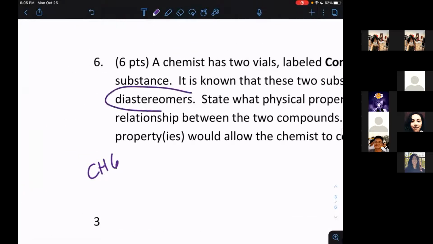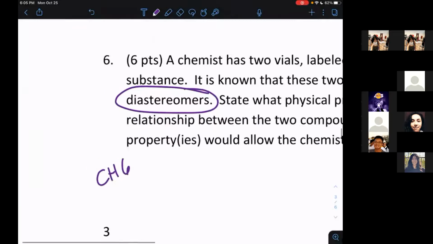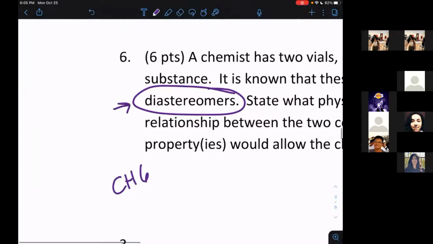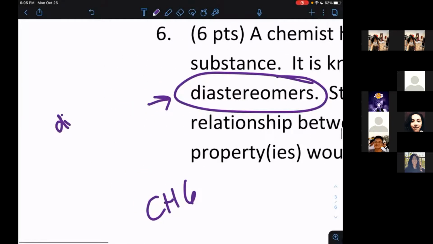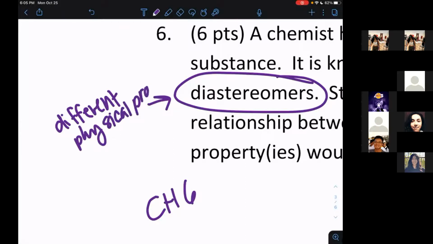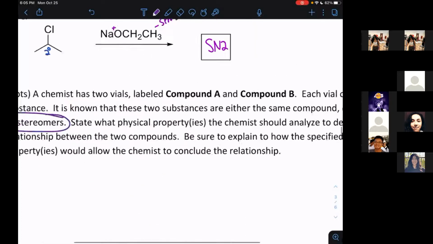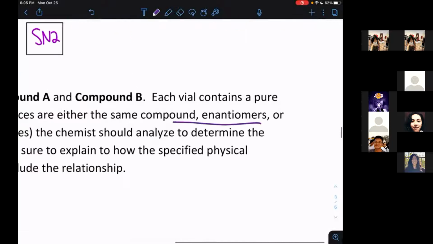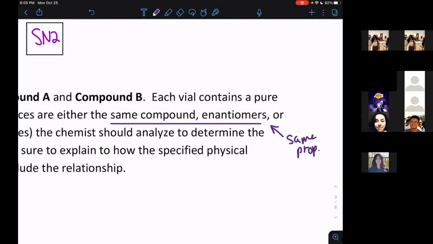But also just to remember, diastereomers are going to have different physical properties. And enantiomers or compounds that are the same have the same physical properties.